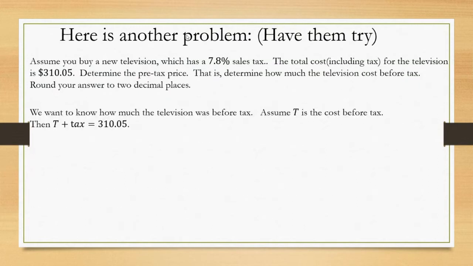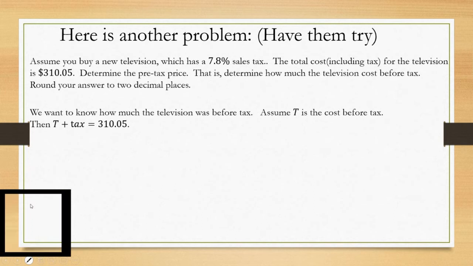So what I'm going to do is say let T be the cost before the tax. Well, then what the problem is saying is that T plus the tax is $310.05. That's what this is saying. That's what the problem is telling us.